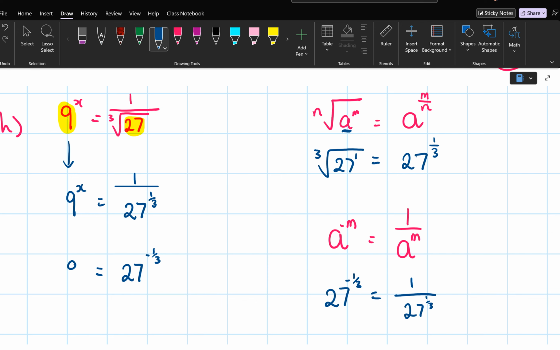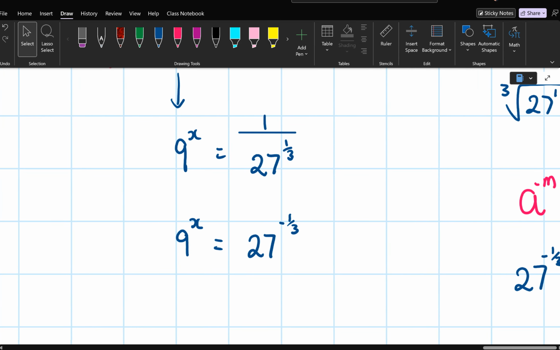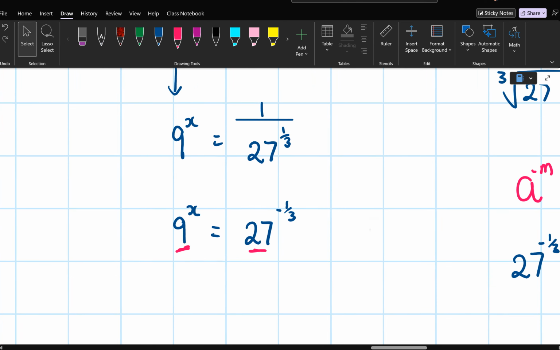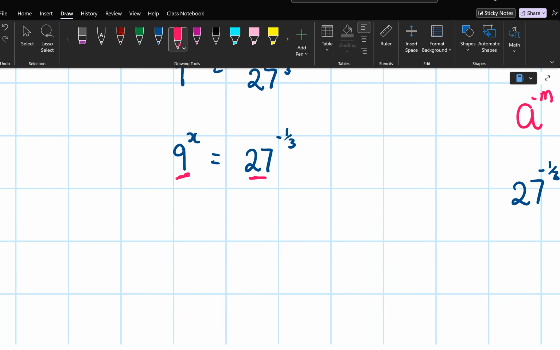On the other side, I've got 9 to the power of x. Now they're starting to look a lot more similar. However, the bases are different, so we need them to be the same base. If we break down 9, we can rewrite 9 as 3 squared, and it's to the power of x, so it'll be 3 squared to the power of x.